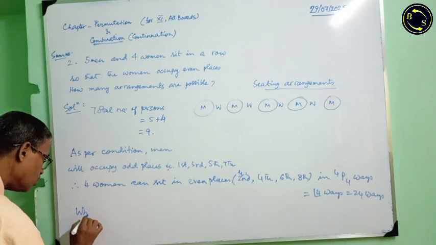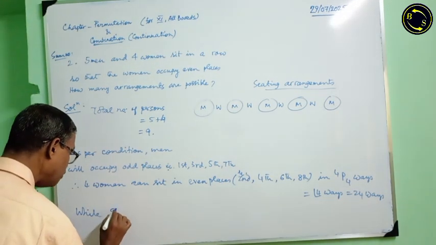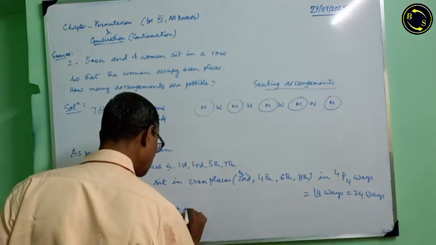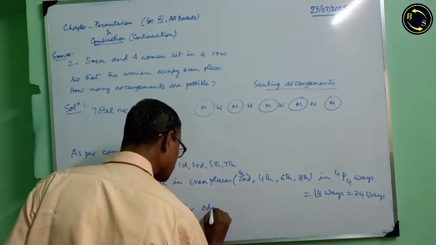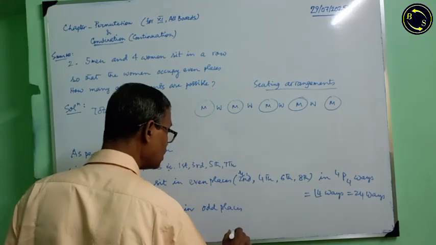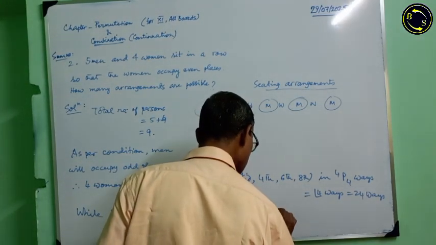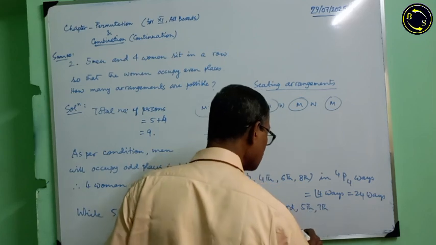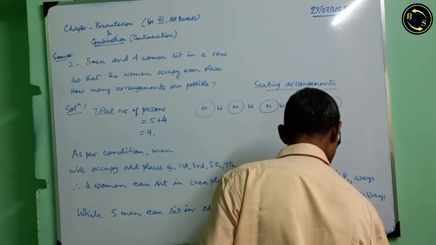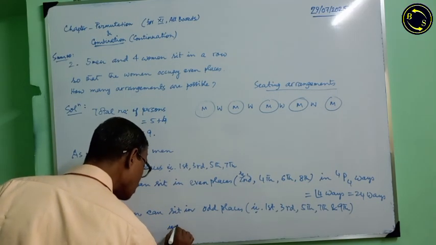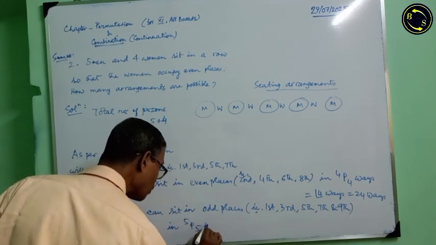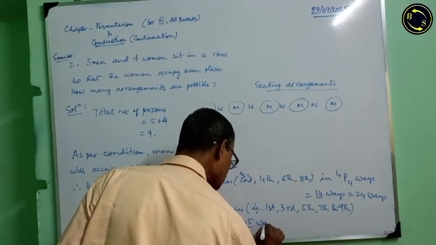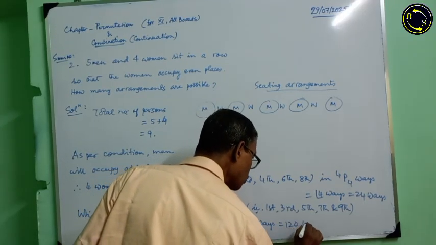While 5 men can sit in odd places, that is first, third, fifth, seventh, and ninth, in 5 ways, that is factorial 5 ways, equal to 120 ways.